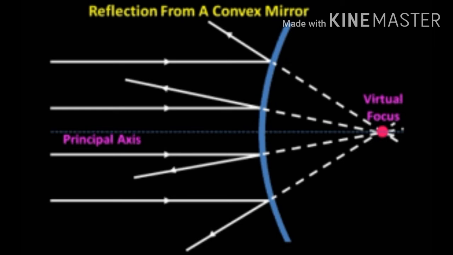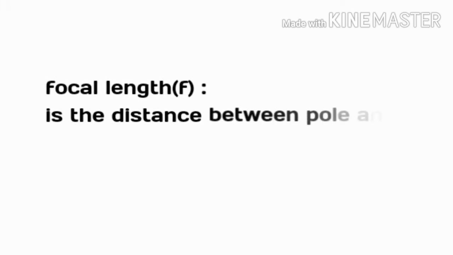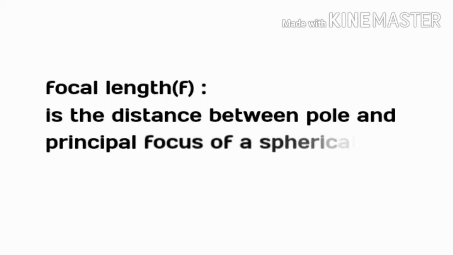And the last term is focal length. The notation used is small letter f. Capital letter F is used for the principal focus. Focal length is very simple: it is the distance between the principal focus and the pole of a spherical mirror.